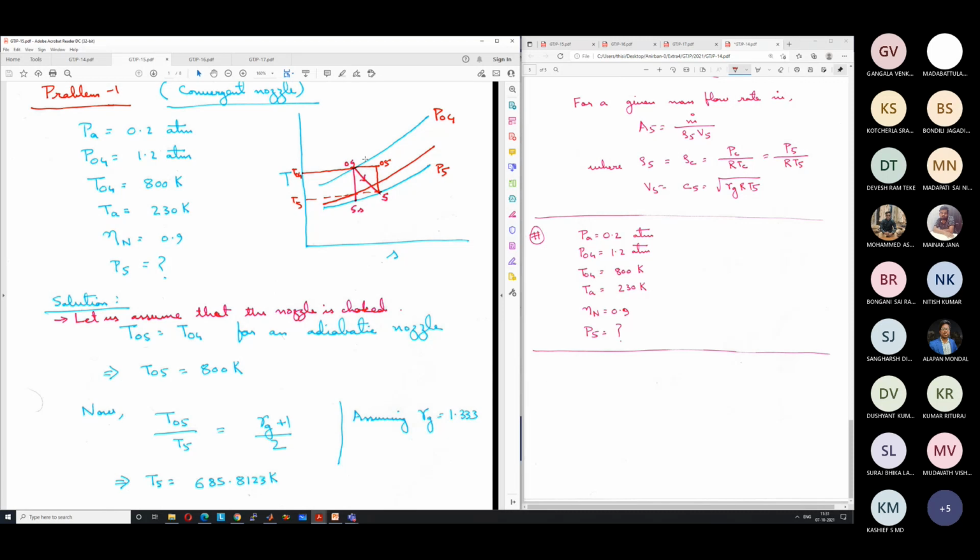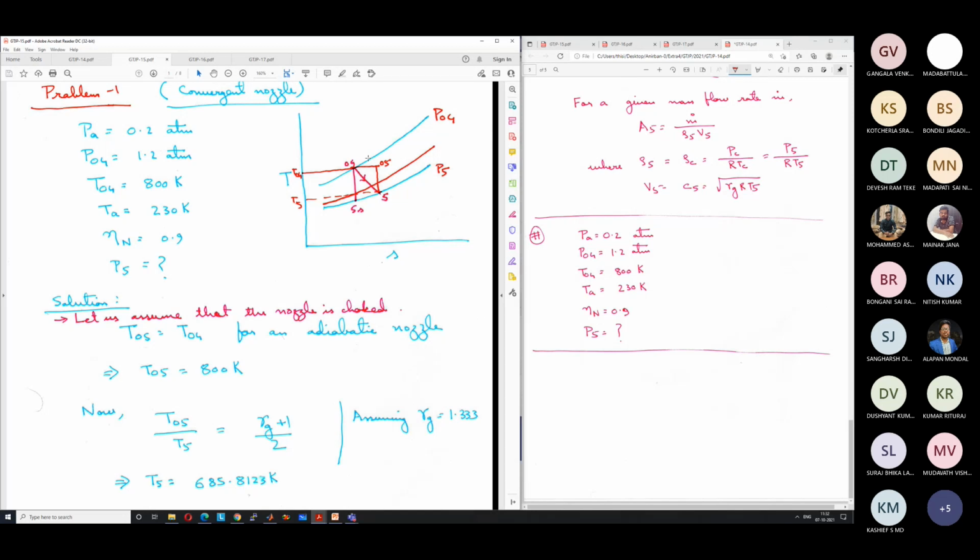So what was the first law of thermodynamics? H plus V square by 2 plus gz, where gz is the potential energy. That remains constant if there is no change in work or heat input. As we can ignore the change in potential energy, ultimately H plus V square by 2 remains constant.